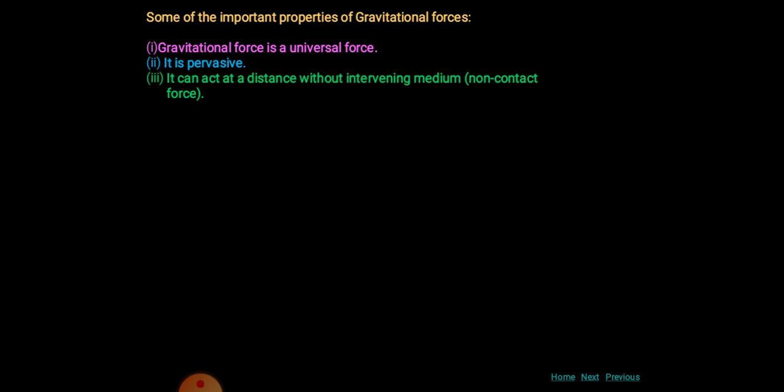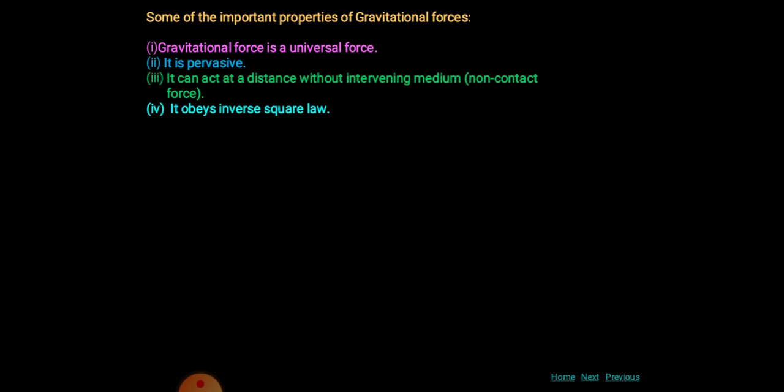First, you already know the gravitational force is a universal force. It is pervasive, meaning it acts on every particle and is present in everything. It can act at a large distance without requiring any medium, because it is not a contact force. It obeys the inverse square law.